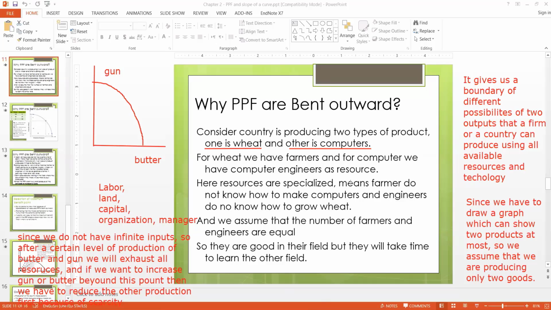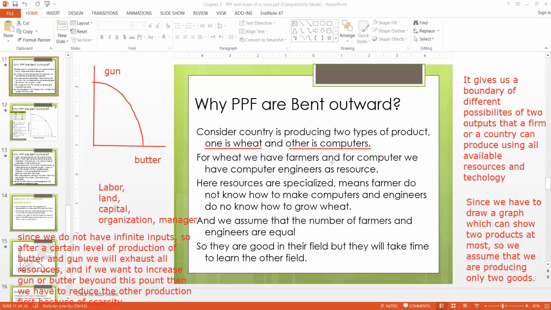So a nation has two types of labor available. Here, these resources are specialized, meaning the farmers do not know how to make computers and engineers do not know how to grow wheat. Both of the resources are specifically designed, or they learn their skills for a specific field.